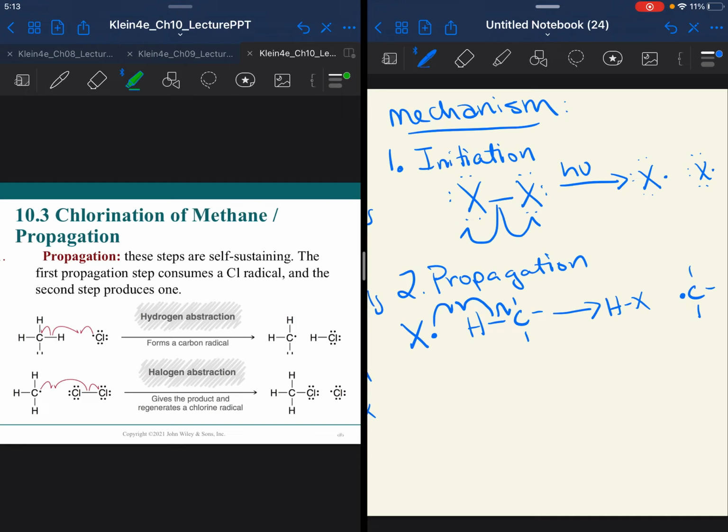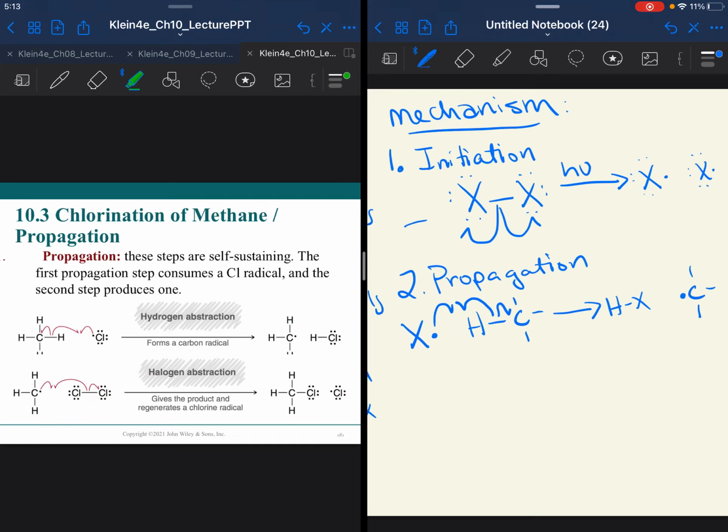So for whatever reason, the steps of the radical mechanisms are shown individually rather than as like one story. If you are doing this for your lab, for instance, that's due this week, you could just continue it on. But I'm going to follow Klein's lead here, and I'm going to bring this down.